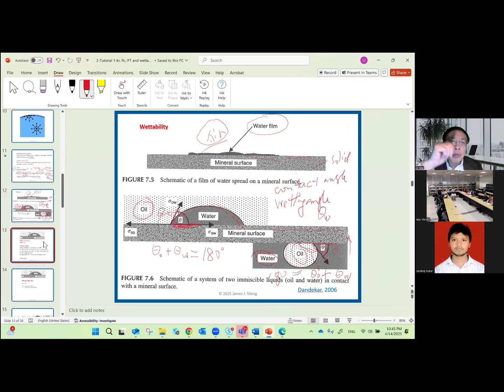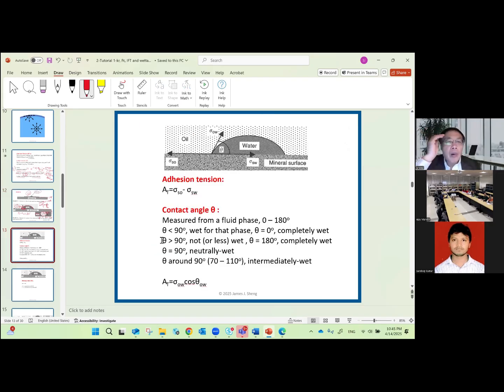Now let's move on and further discuss the contact angle. In this picture, the contact angle is less than 90 degrees. So this is the water contact angle, and we call this water wet.